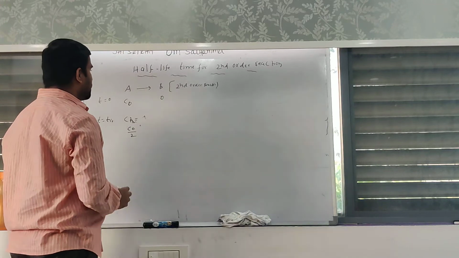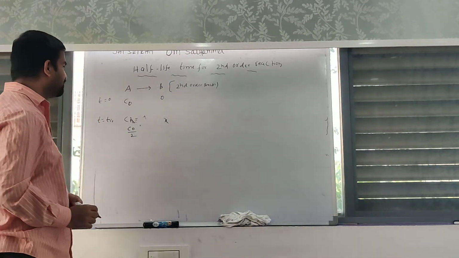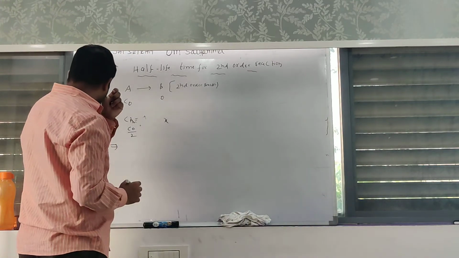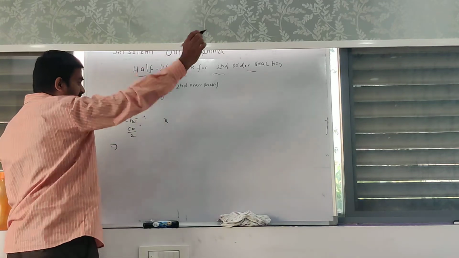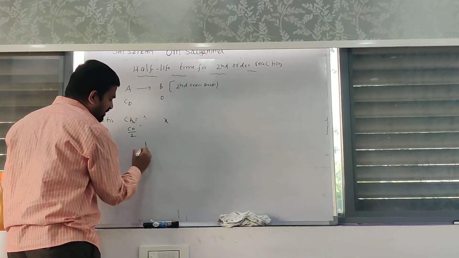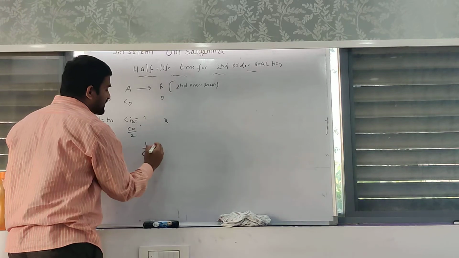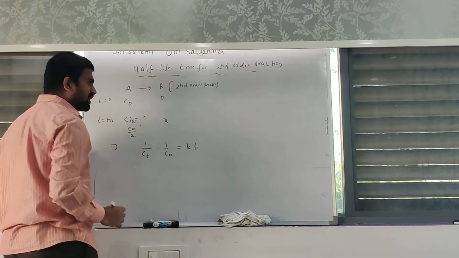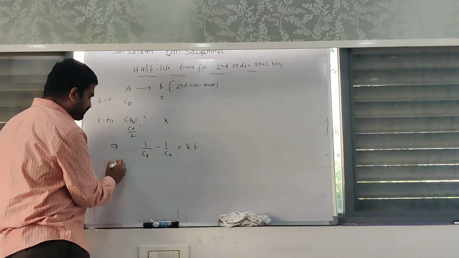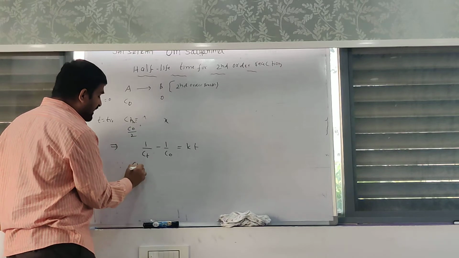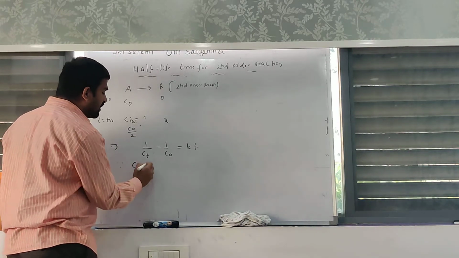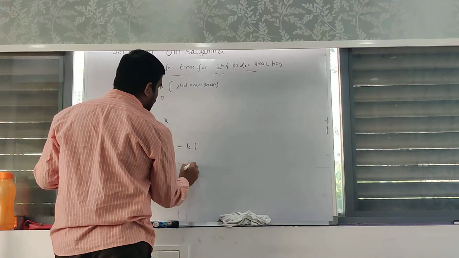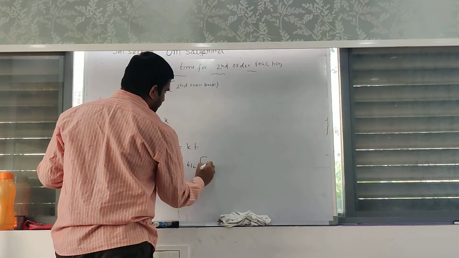Already you know the integrated rate equation for a second order reaction: 1 by Ct minus 1 by C0 is equal to kt. At half-life time, Ct is equal to C0 by 2, and t is equal to t half.